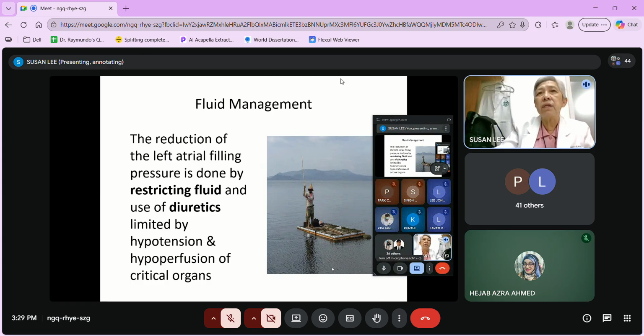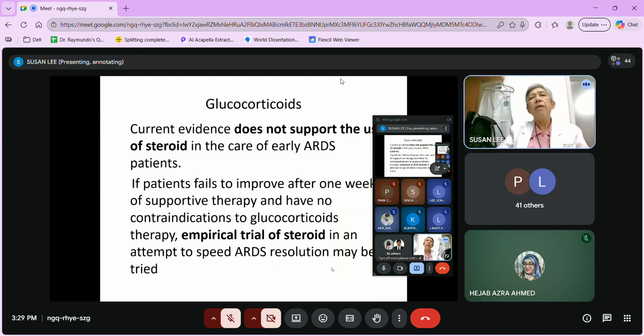of your critical organ. Okay, so corticosteroids have been tried for a long time, and recently they have tried to give the corticosteroids at the end of the first phase of ARDS, and they claim there is some improvement in the ICU survival, but the long-term survival is not that significantly affected.